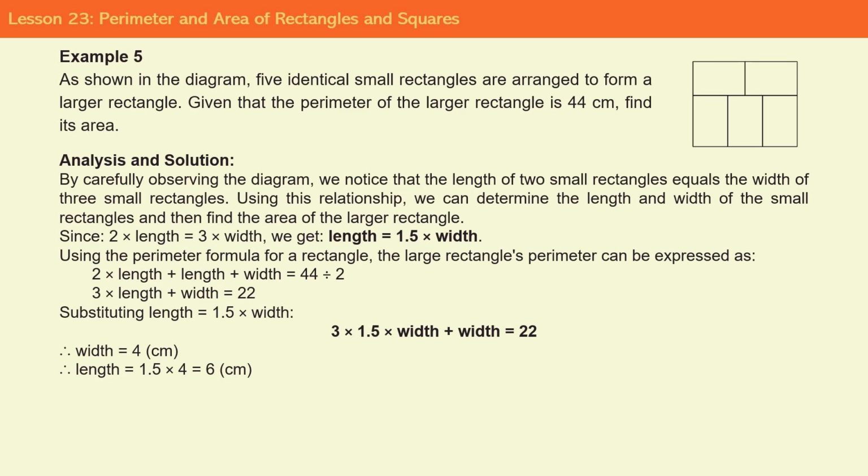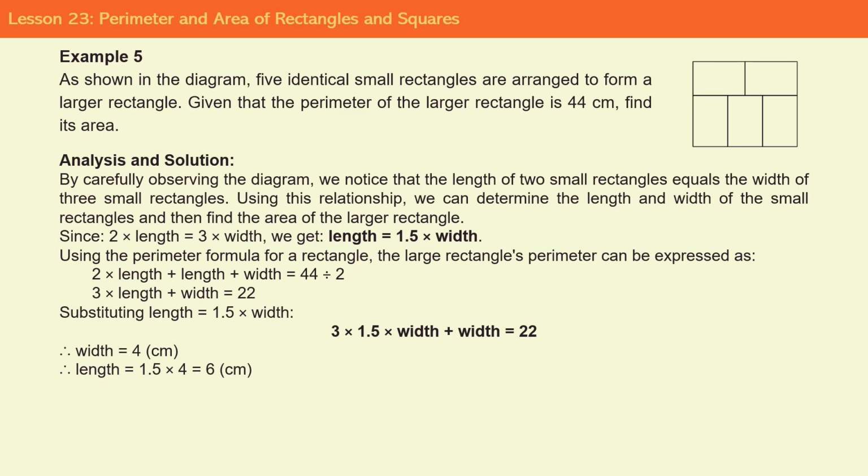Using the perimeter formula for a rectangle, the large rectangle's perimeter can be expressed as 2 times (length plus width) equals 44, so length plus width equals 44 divided by 2. After substituting length equals 1.5 times width, we get 3 times 1.5 times width plus width equals 22.